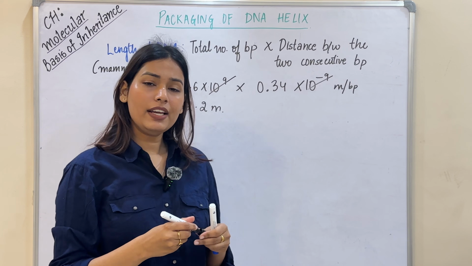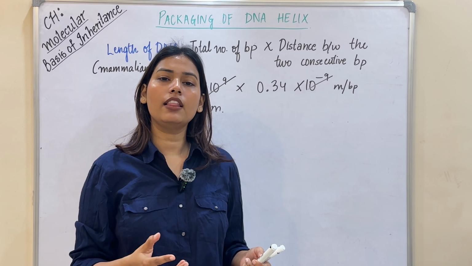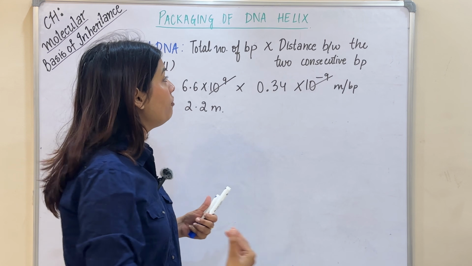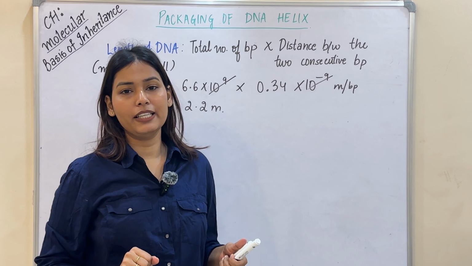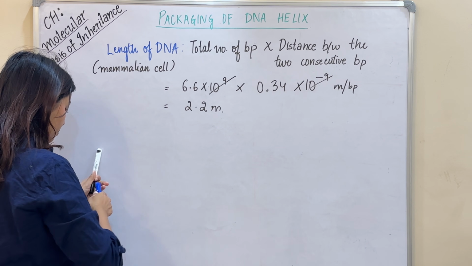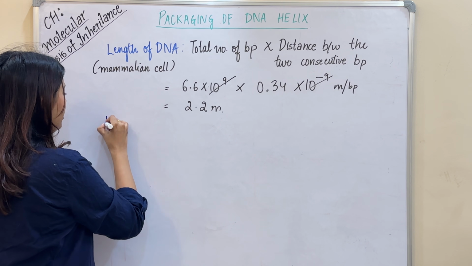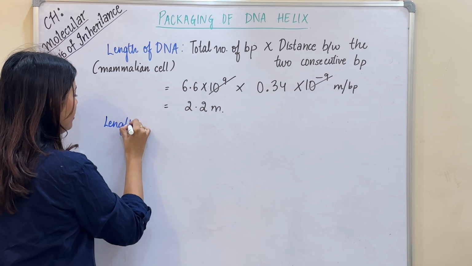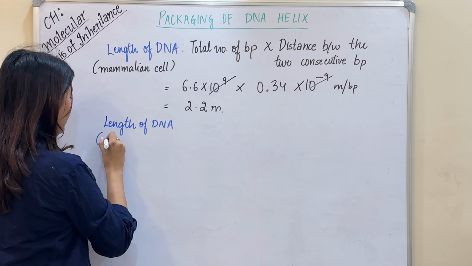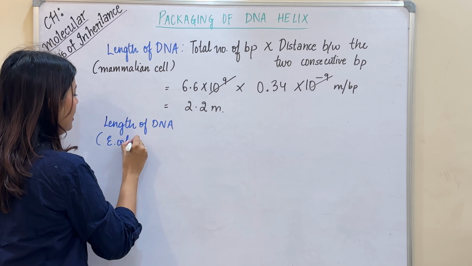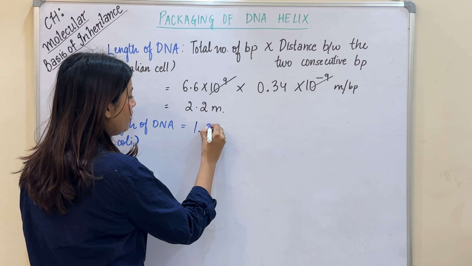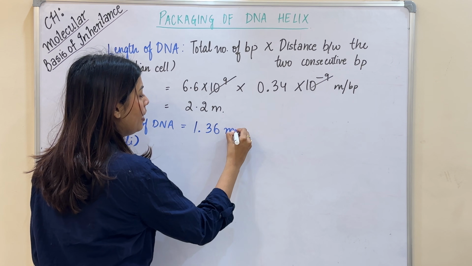Simple. Now in NCERT, we are given the length of the E. coli DNA and we have to find the total number of base pairs present in it. So how are we going to calculate? The length of DNA in E. coli cell is given as 1.36 mm.